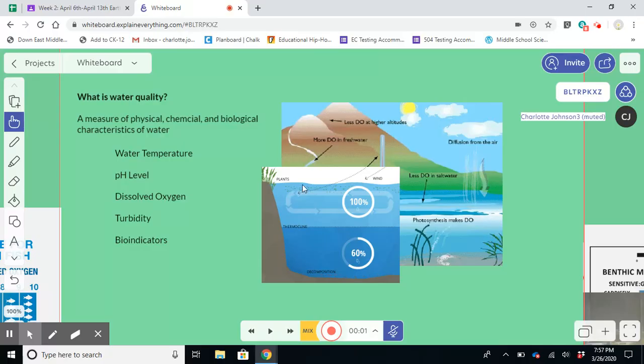So from this diagram, you can see that in the top portion of the water, you have 100% dissolved oxygen. And that is because dissolved oxygen is made from plants. We know that plants on Earth produce oxygen as a byproduct. It is the same exact thing in the water.